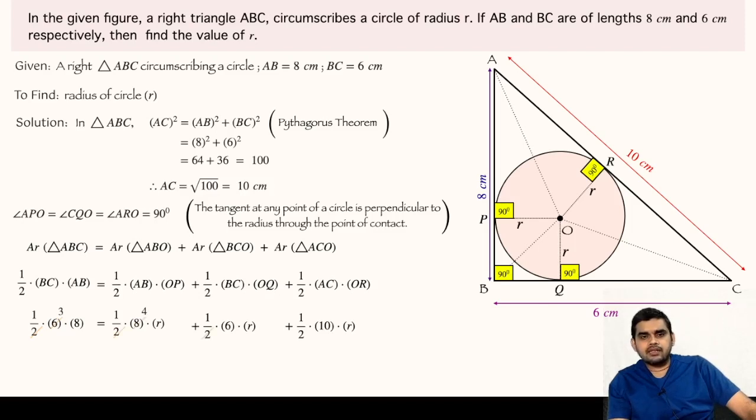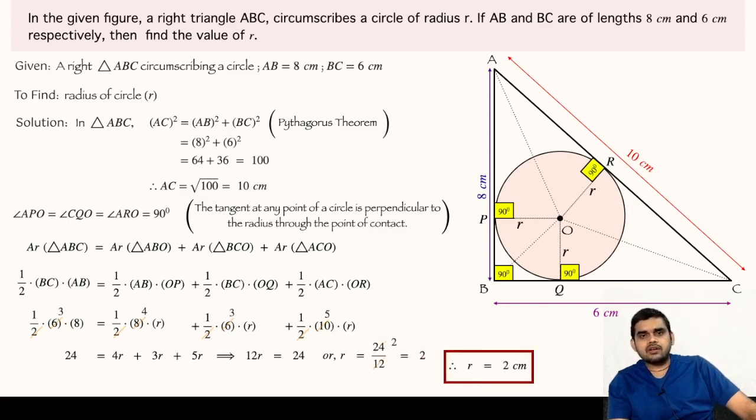So we will cancel 2 in all the terms, and finally we will get 24 equals 4r plus 3r plus 5r. On further simplifying, we will get the radius as 2 centimeter. So the radius of the circle will be 2 centimeter.